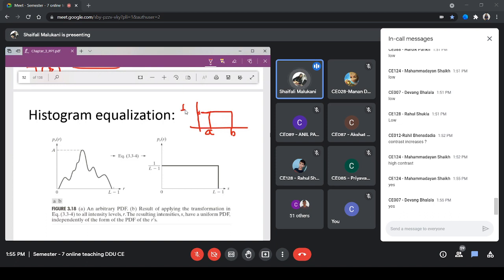It will be 1 divided by B minus A, if you remember. B minus A is the total. So if I have intensity from 0 to L minus 1, what will be the probability if I plot?